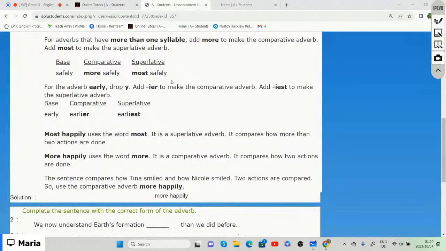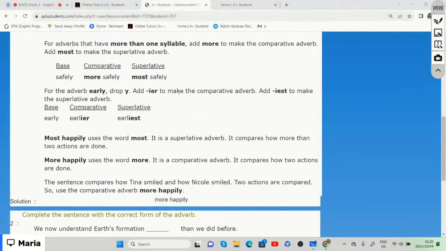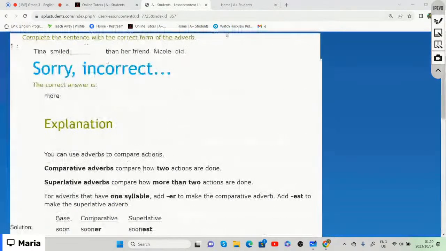If we are comparing two people, it says Tina smiled, then her friend Nicole did.